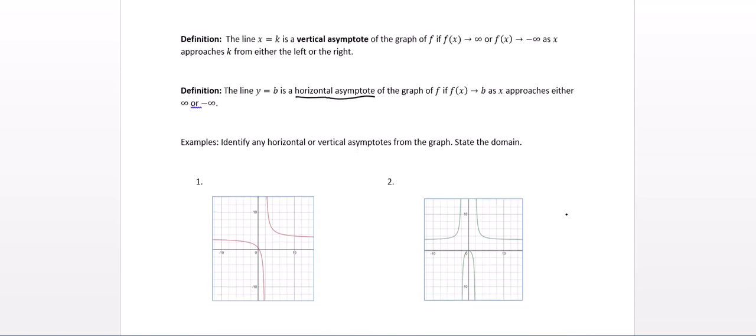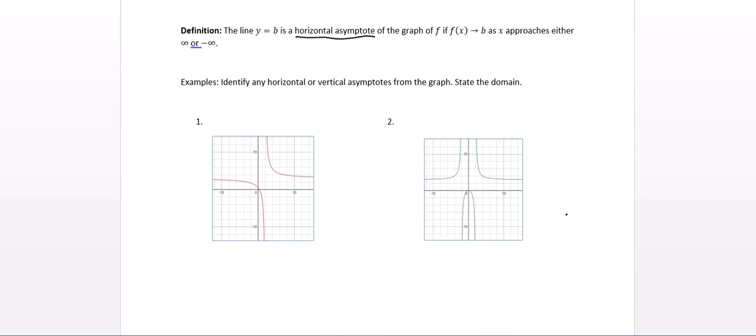So let's use the graphs given here. We have no idea what the functions are, and it doesn't matter. We can look at the graphs and identify some asymptotes. Let's identify horizontal asymptotes in blue. Let's do both of the horizontals first. Horizontal lines are always y equals.